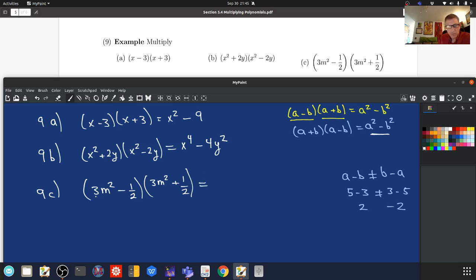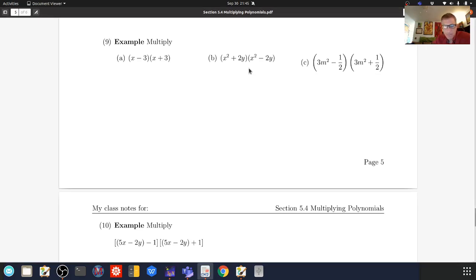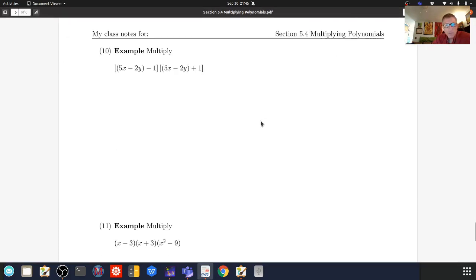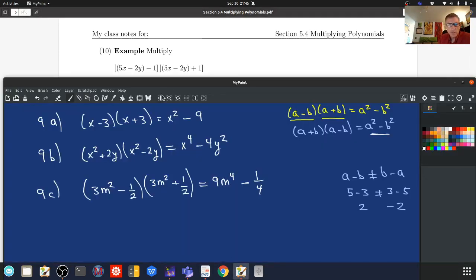Well, this is equal to 3 times 3, which is 9, m squared times m squared, which is m to the 4th, minus 1/2 times 1/2, which is minus 1/4. There couldn't be anything easier than that. So let's multiply this one. Again, look for patterns.